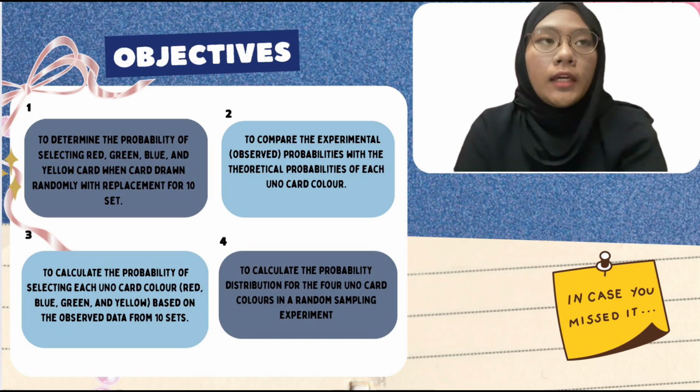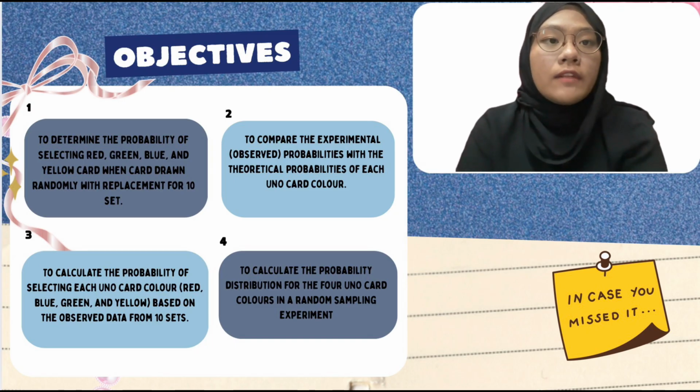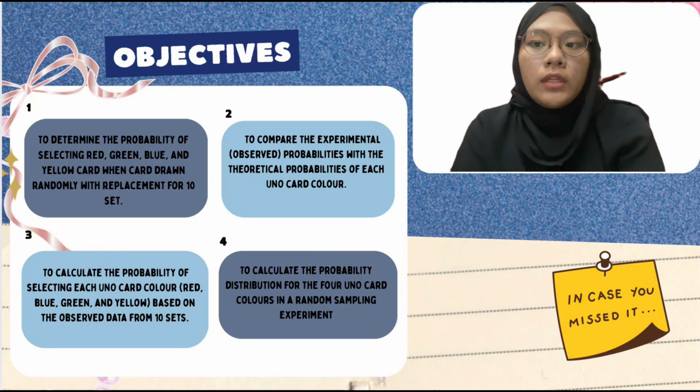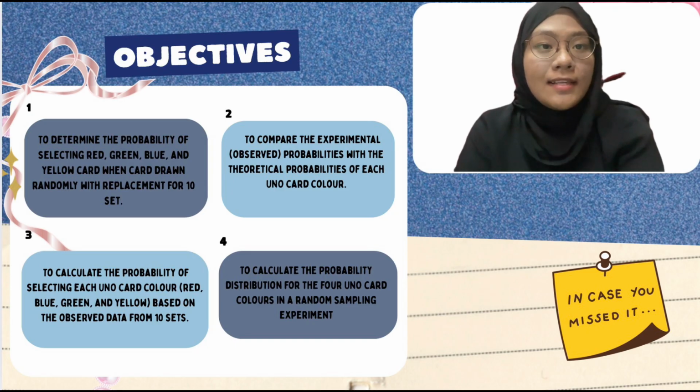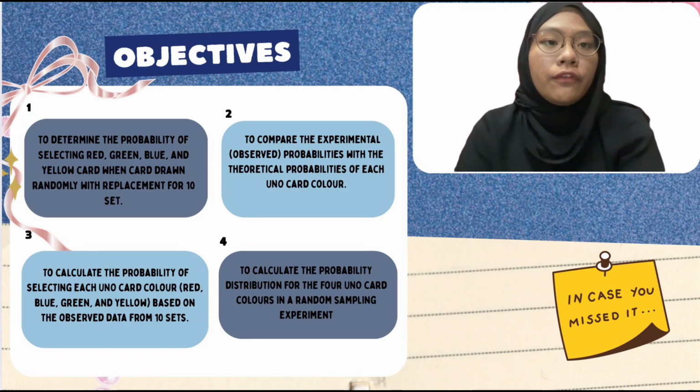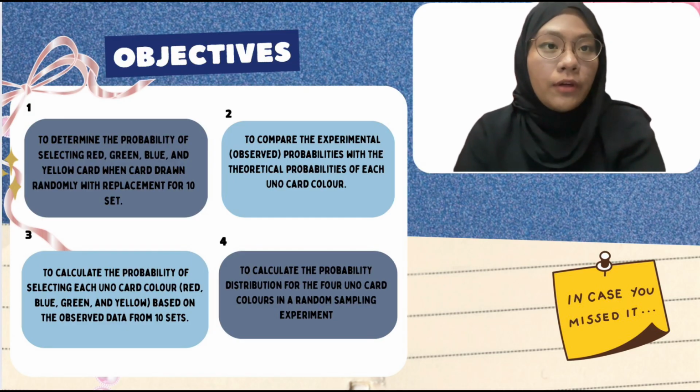Third, to calculate the probabilities of selecting each UNO card color based on the observed data from 10 sets. And lastly, to calculate the probability distribution for the 4 UNO card colors in the random sampling experiment.